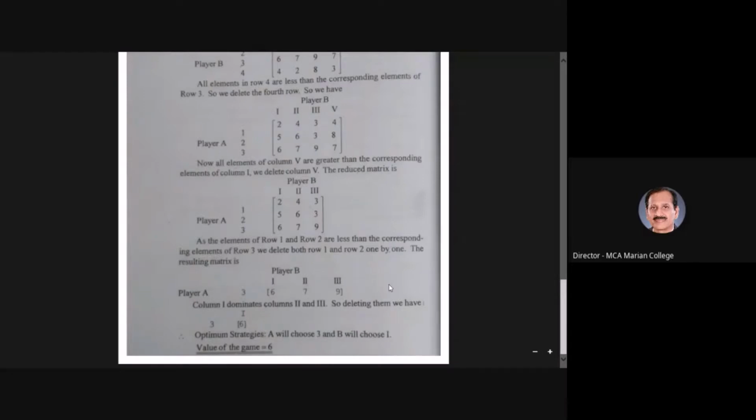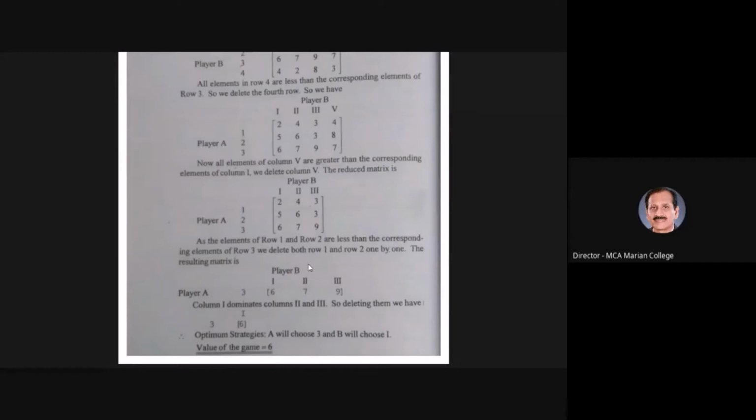And here column 1 dominates column 2 and column 3. Why? Because suppose player A chooses row 3. The objective of player B will be to reduce his loss. If player A chooses strategy 3, there are 3 options for player B: the first strategy, the second strategy, or the third strategy.